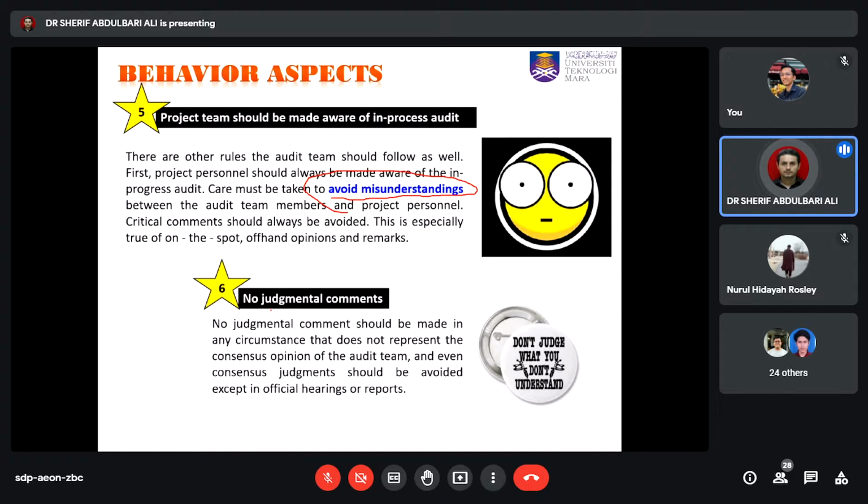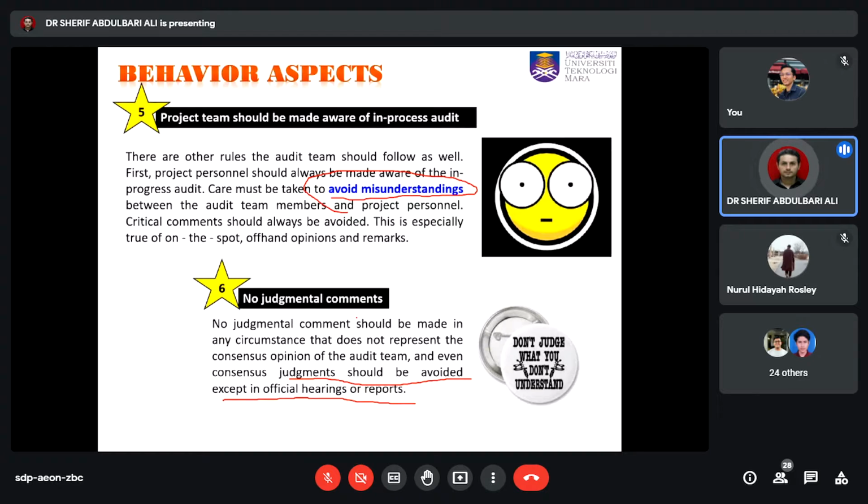No judgmental comments. When you finish and you make your reports and you want to conclude, make sure that you are not making any judgment. So judgment should be avoided except if you are going to an official hearing or reports.